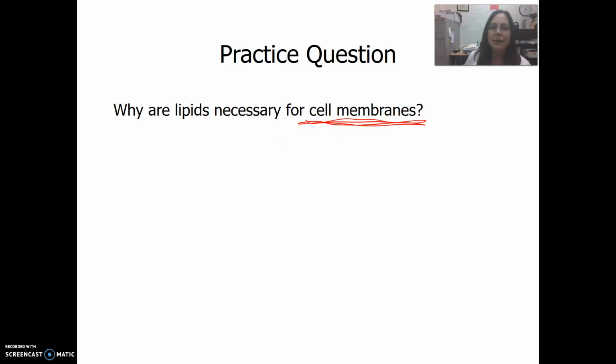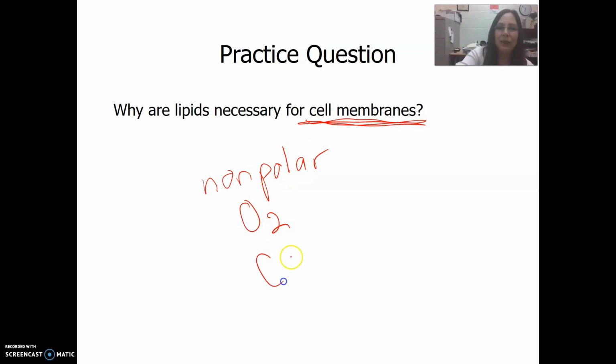And nonpolar molecules like oxygen and carbon dioxide gas are exchanged across our plasma membranes during cellular respiration. We breathe in the oxygen, we breathe out the carbon dioxide, but the oxygen and carbon dioxide travel through our blood and they travel into and out of our cells.